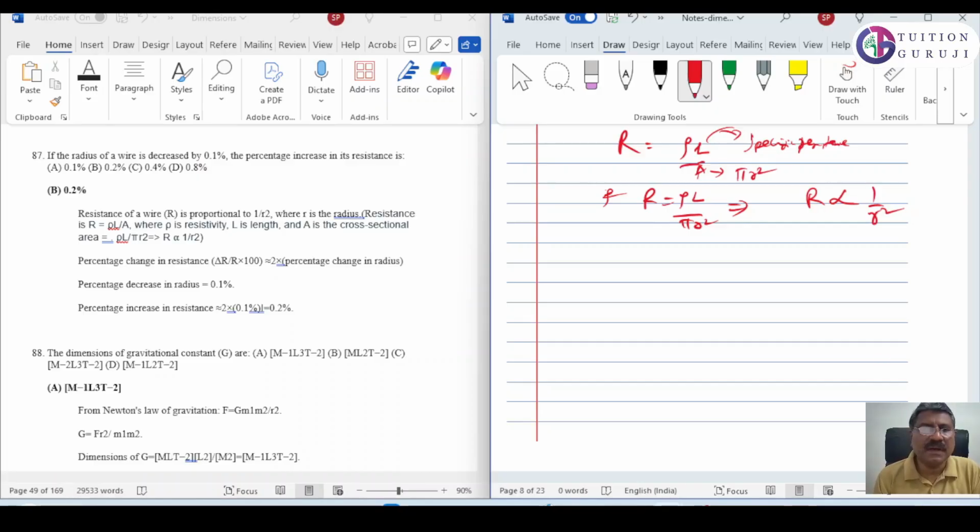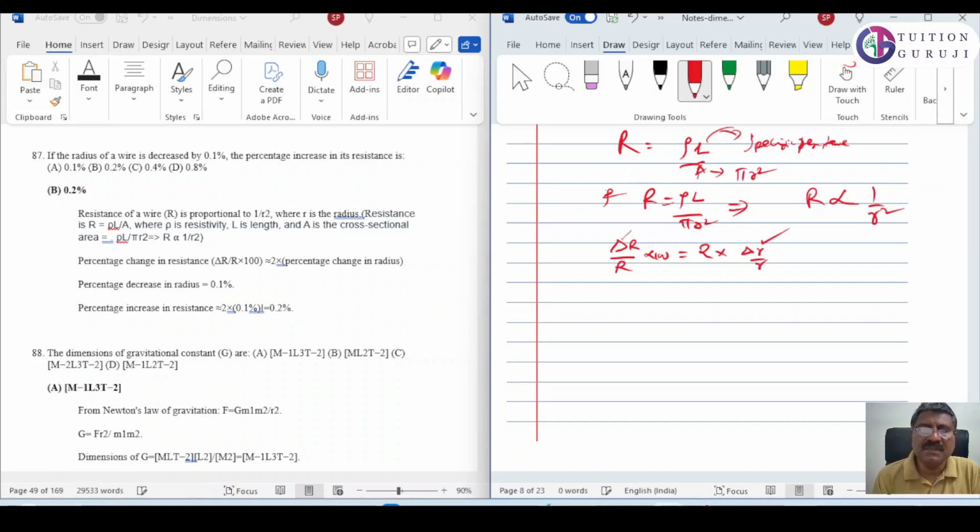So percentage change in resistance we have to find out. For that, delta R by R into 100 is equal to 2 into percentage change in radius, delta r by small r.